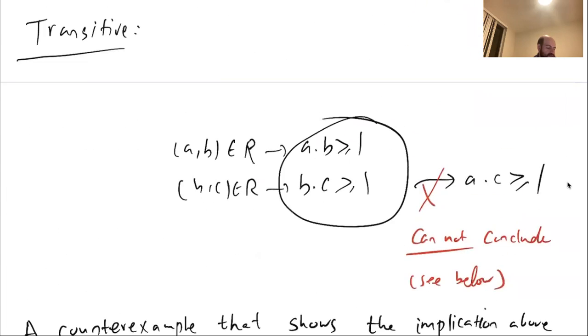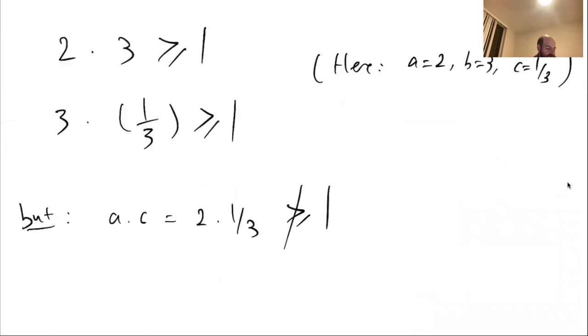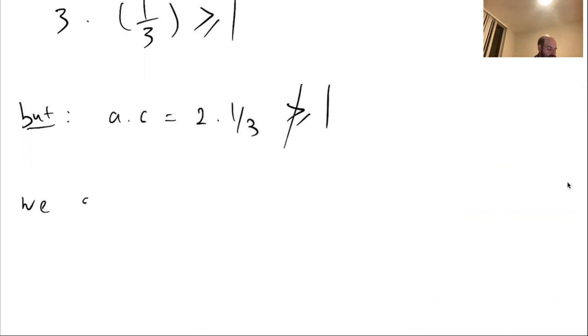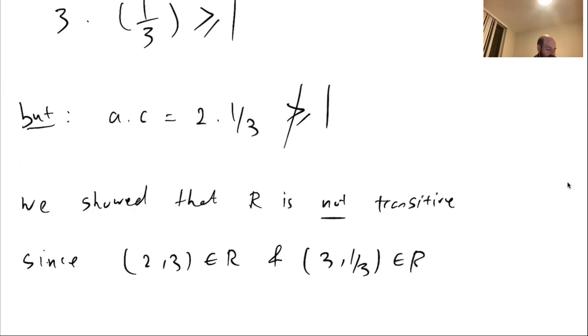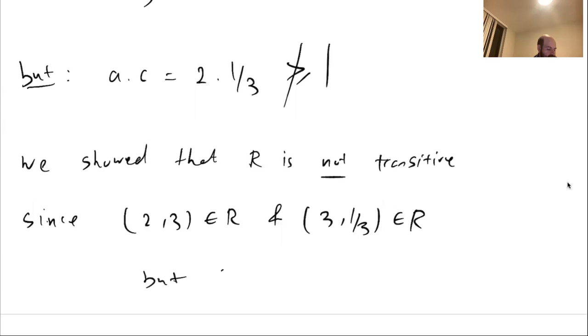So we show that R is not transitive. Since 2 and 3 was in R, and 3 and 1 over 3 is in R, but 2 and 1 over 3 is not in R.